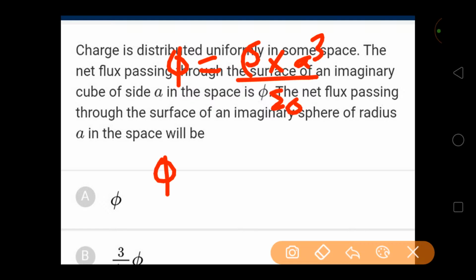Now phi dash. The same charge is surrounded by a sphere of radius a. So the volumetric charge density remains the same, into the volume of the sphere, 4 by 3 pi a cube, by epsilon naught.